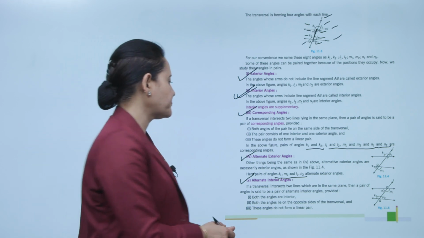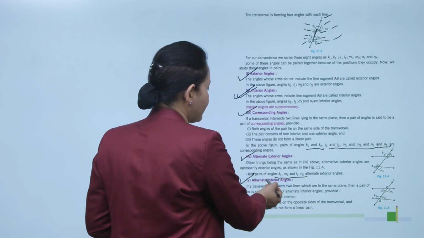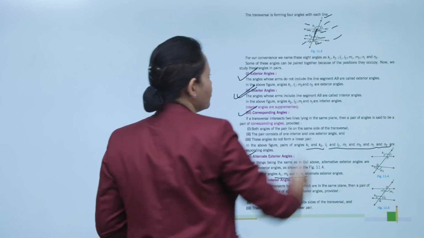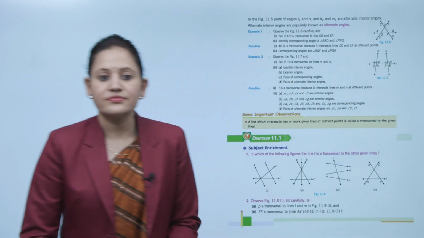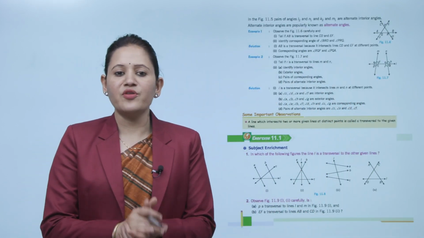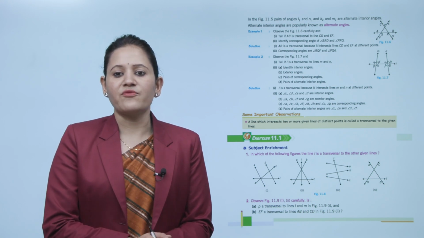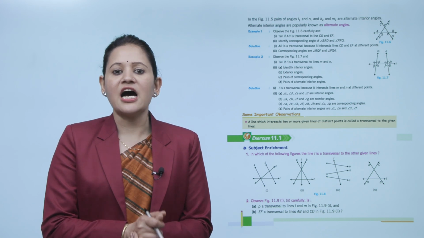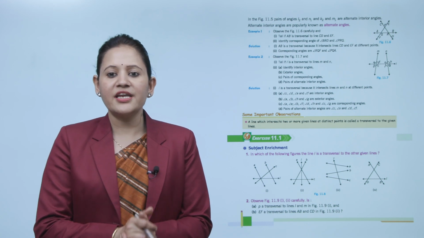So in figure 11.5, the pairs of angles L2 and N1 and K2 and M1 are alternate interior angles. Alternate interior angles are popularly known as alternate angles.